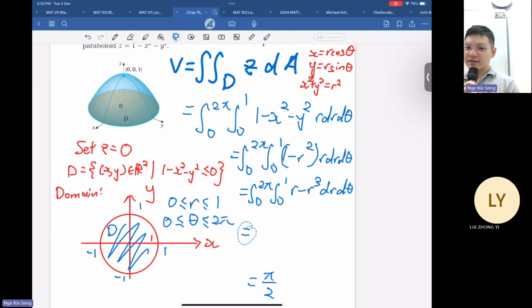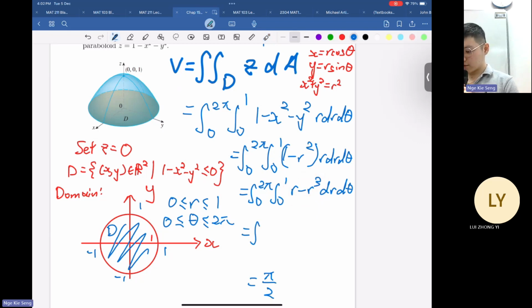Actually, there's a fast way to calculate it. Can any of you split this integral into a product? There's only one function with respect to r, and it is not composite with theta.